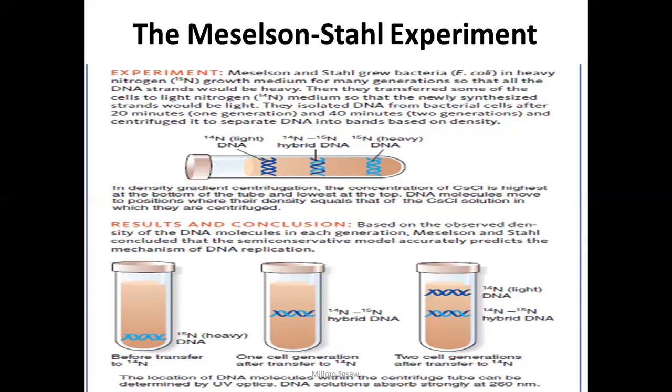What they did is they grew this bacterium on a medium that contained heavy nitrogen. Heavy nitrogen is 15N. So they grew this E. coli in 15N in the form of ammonium chloride.